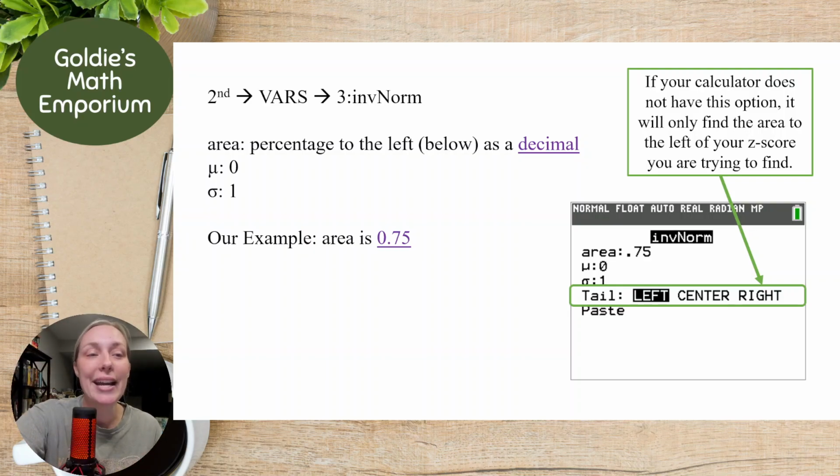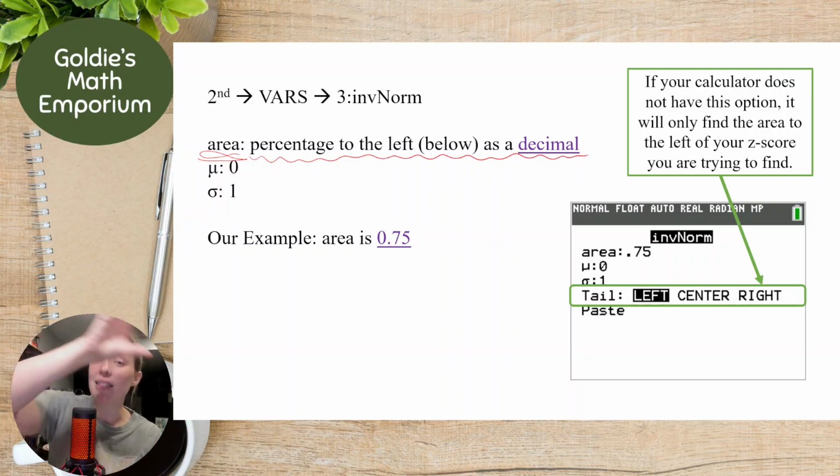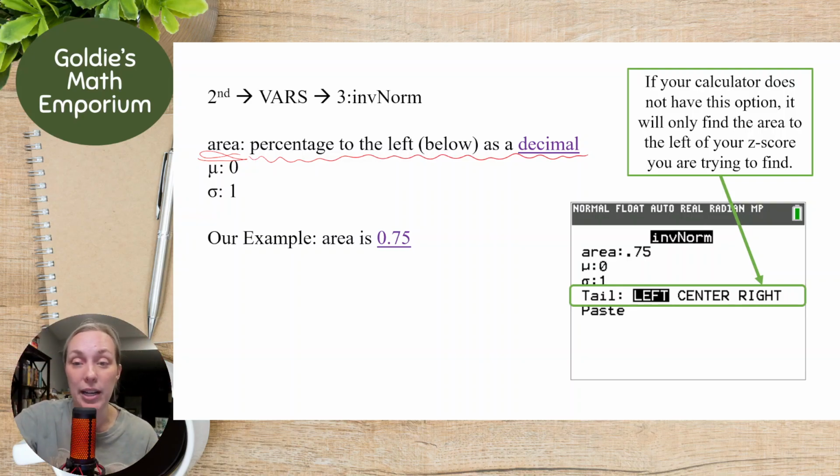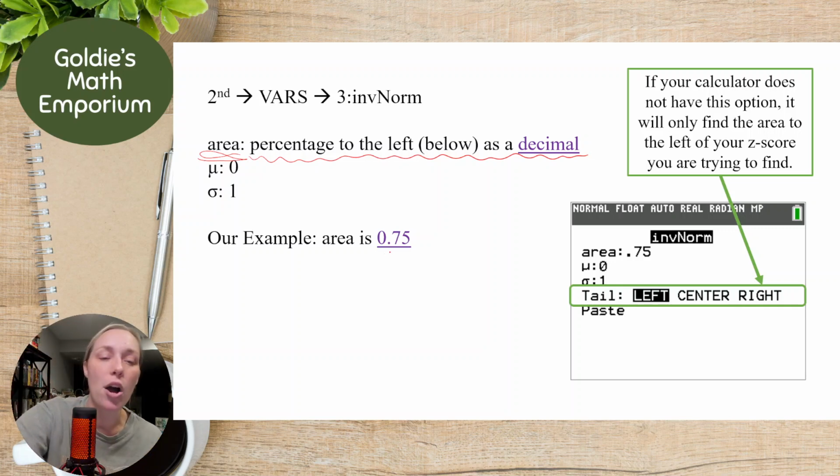You have to put in area, which is the percentage to the left as a decimal. It's always the percent to the left as a decimal. So in our example, if we're trying to find the 75th percentile, our area is 0.75.